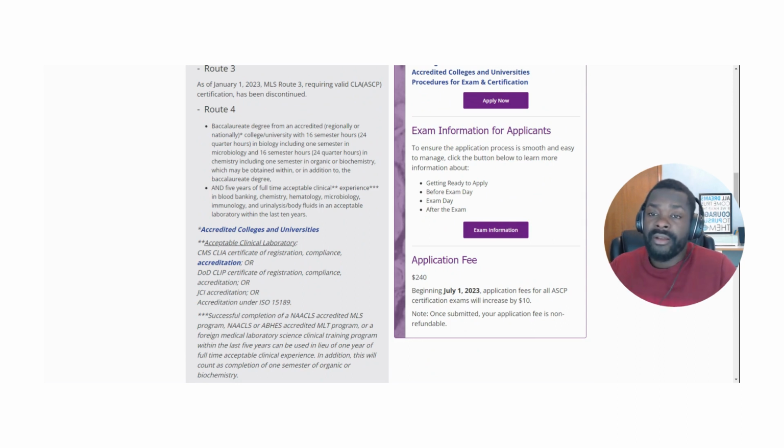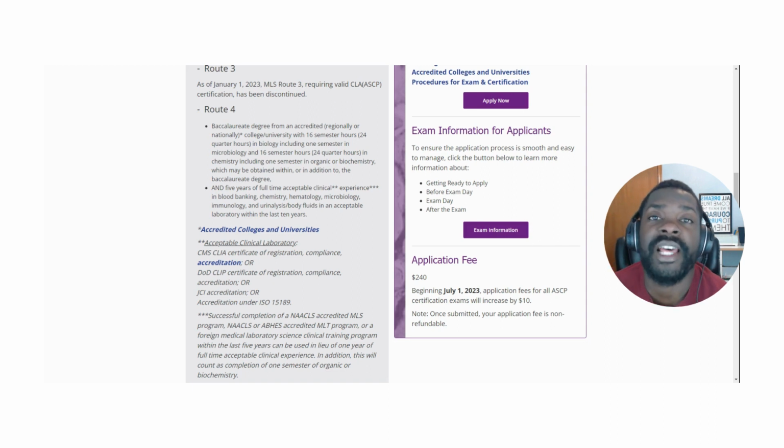Route 4, you have a bachelor's degree, but you were not able to go and sit for your ASCP. And you do not plan on going back to school and doing your MLS program. So what you need to do, you have to be able to work somewhere for 5 years in all these areas of the lab.